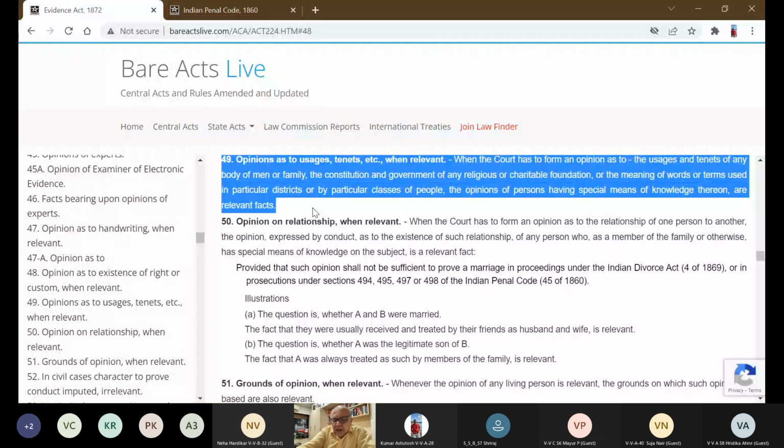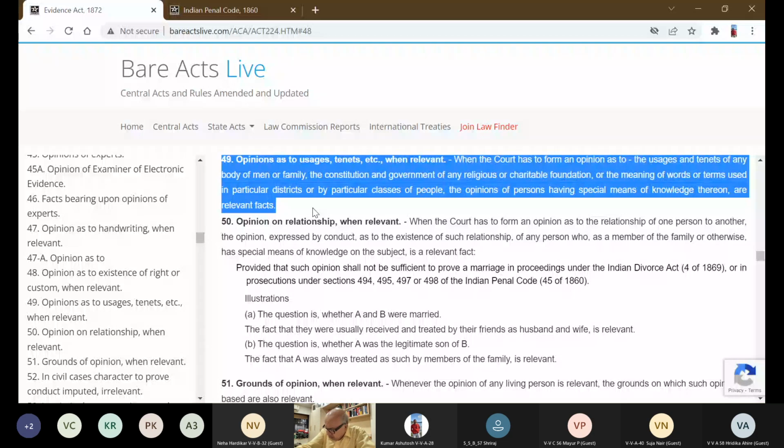So the court, when the relationship is disputed, can examine the various people who are known to the family members as to who they are. Provided the opinion shall not be sufficient to prove a marriage in proceedings under the Indian Divorce Act or prosecution under 494, 495, 496 of the Indian Penal Code.